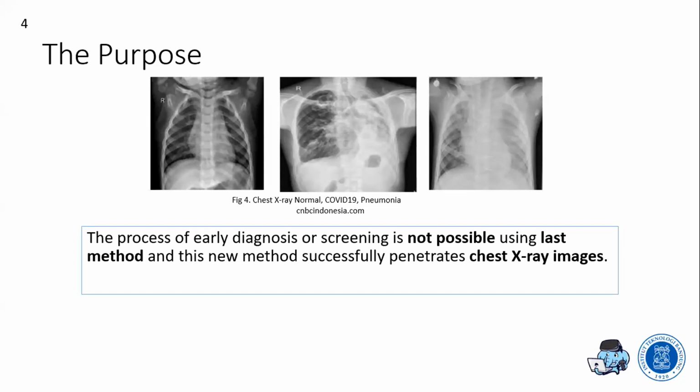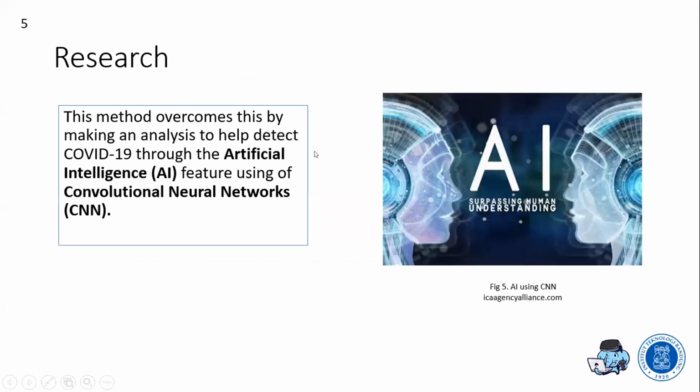This dataset has 1,000 chest X-ray images, which are categorized into three classes, namely normal, COVID-19, and pneumonia. This research overcomes the problem by making an analysis to help detect COVID-19 through artificial intelligence using a convolutional neural network, CNN.